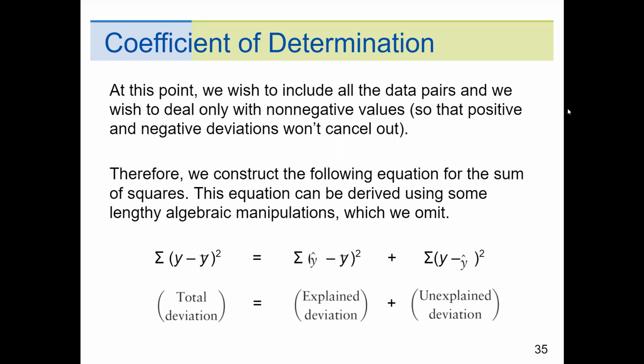At this point, we wish to include all data pairs, and we wish to deal with only one non-negative value so that positive and negative deviations won't cancel out. Therefore, we construct the following equation for the sum of squares. This equation can be derived using some lengthy algebraic manipulations, which have been omitted in the PowerPoint, thankfully. Again, total deviation summed and squared equals explained deviation summed and squared plus unexplained deviation summed and squared.